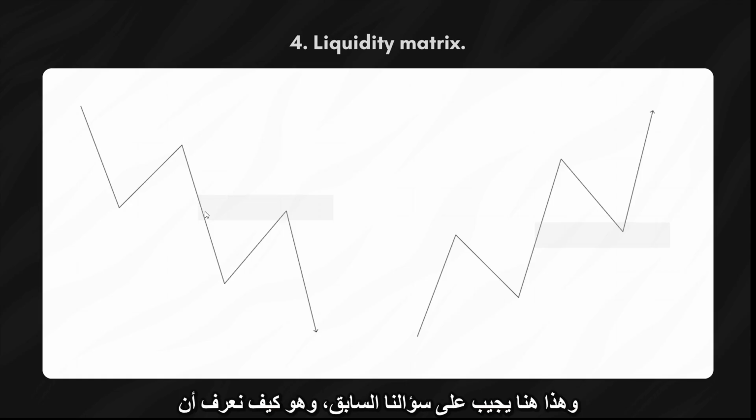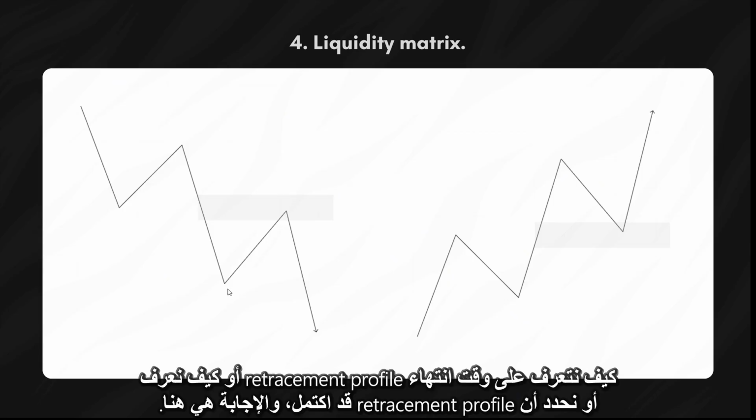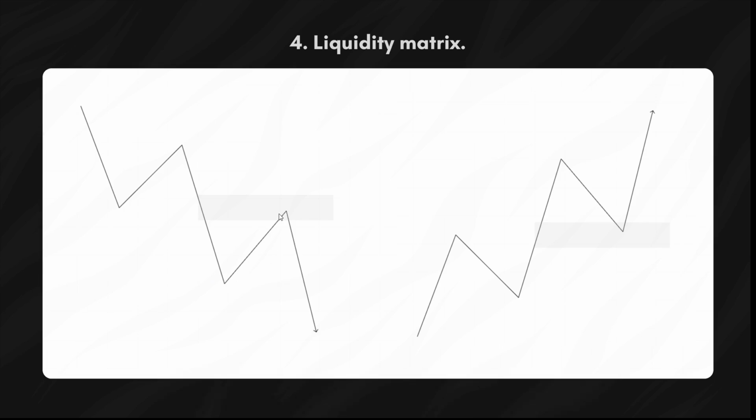And this right here answers our previous question, which was: how do we know that a retracement profile ends? How do we recognize, or how do we identify, that a retracement profile has completed? And the answer is right here.